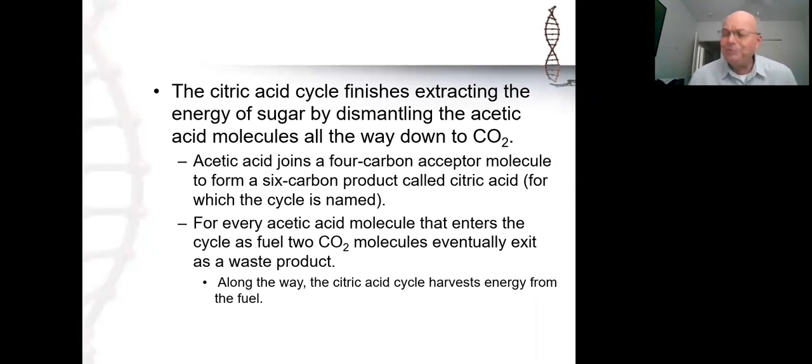Something that's important to recognize. It's that grooming step of the pyruvate, plus the citric acid cycle that gives rise to all the carbon dioxide that we exhale. And so it's also the combined action of glycolysis, the grooming step, and the citric acid cycle that leads to the complete chemical breakdown of the glucose from glucose to carbon dioxide.